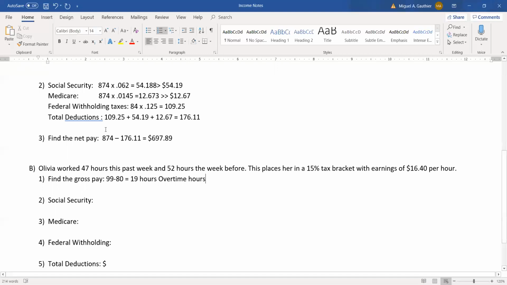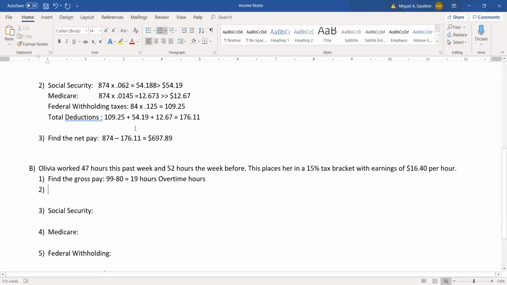So this becomes 80, and she's making $16.40 an hour, $16.40 times 80, plus, let's get technical, 1.5 because it's time and a half, times her 19 hours overtime times her $16.40 per hour.